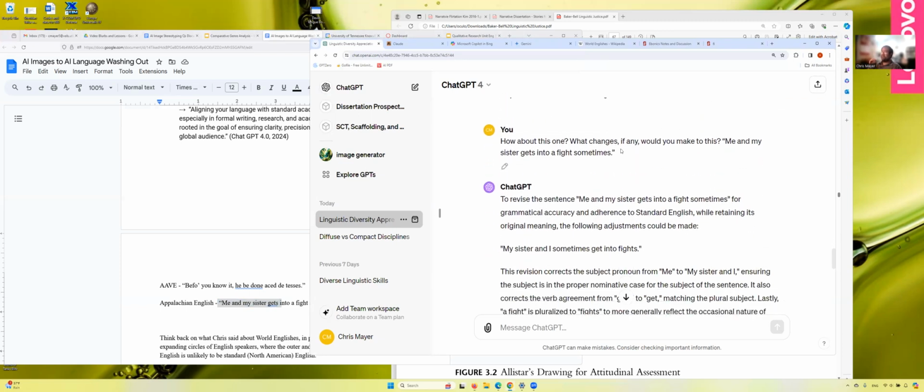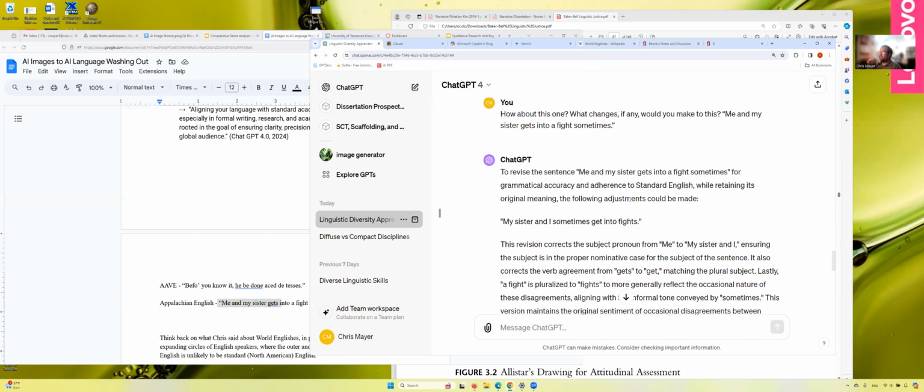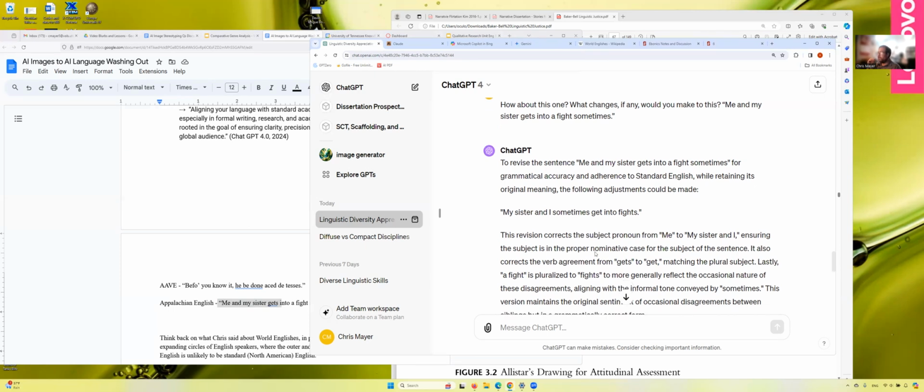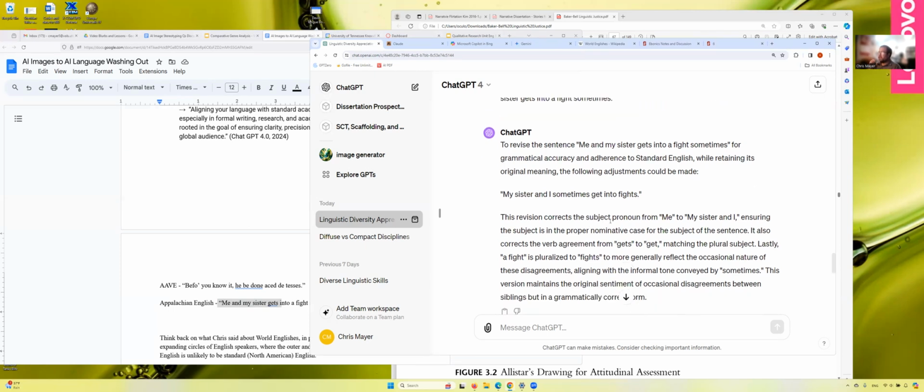So I asked the same question, just for parallelism and comparative purposes, popped it in, and ChatGPT prioritizes grammatical accuracy and adherence to standard English, right? It takes issue with the order of the pronouns, the proper nominative case, and it corrects the verb agreement.